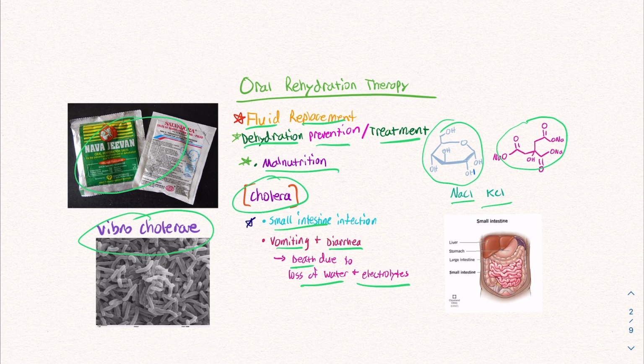It can come in a little bottle or it can come in a little pack like this with salt. And it's necessary for things like maybe cholera, where you're losing a lot of water and a lot of electrolytes from this small intestine infection. It's also used for many other things, but the whole idea is that it's designed to replace the things that you've lost, usually due to malnutrition or disease.